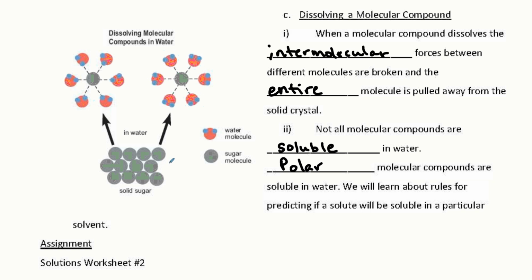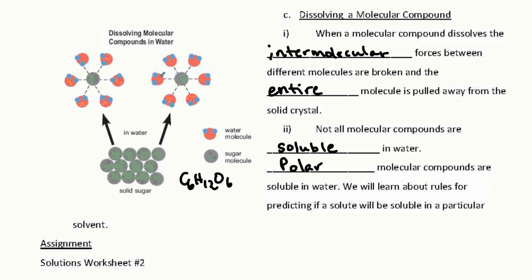Now, we know sugar is glucose, C6H12O6. Notice we're not breaking the sugar up into carbon, hydrogen, and oxygen because these aren't ions, right? They're not charged. These are joined together by sharing electrons. So there's no charges involved here.